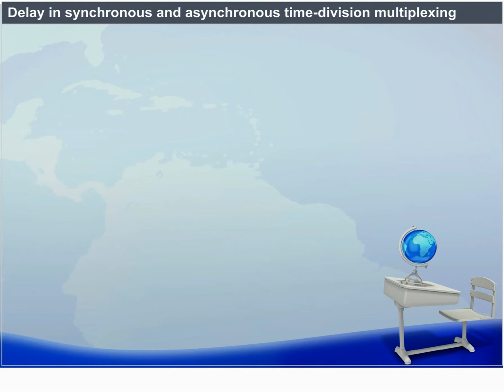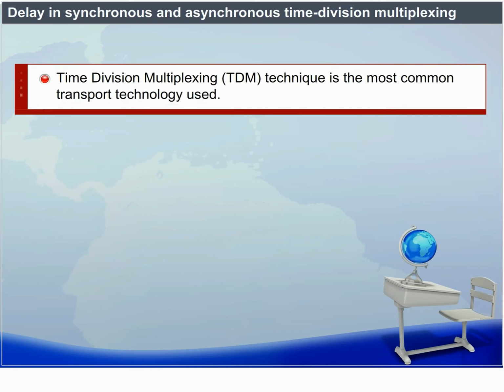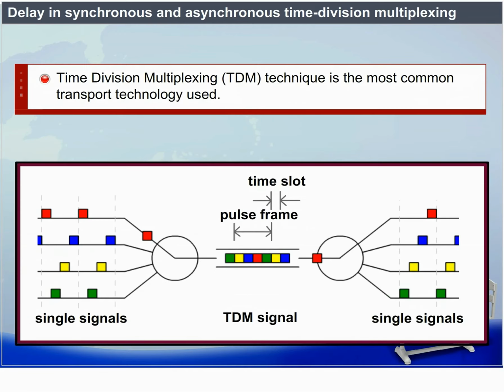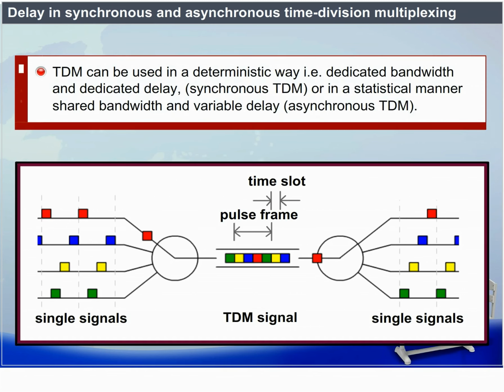Delay in synchronous and asynchronous time division multiplexing. Time division multiplexing (TDM) is the most common transport technology used. TDM can be used in a deterministic way, which means dedicated bandwidth and dedicated delay, synchronous TDM, or in a statistical manner, shared bandwidth and variable delay, asynchronous TDM.